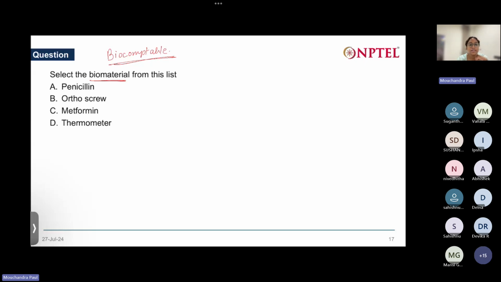It should not cause a side effect of, say, bacterial infection. If you are seeing bacterial infection at the site of the delivered drug because of it, then it is not biocompatible. So a material you are implanting inside the body should be biocompatible as well.